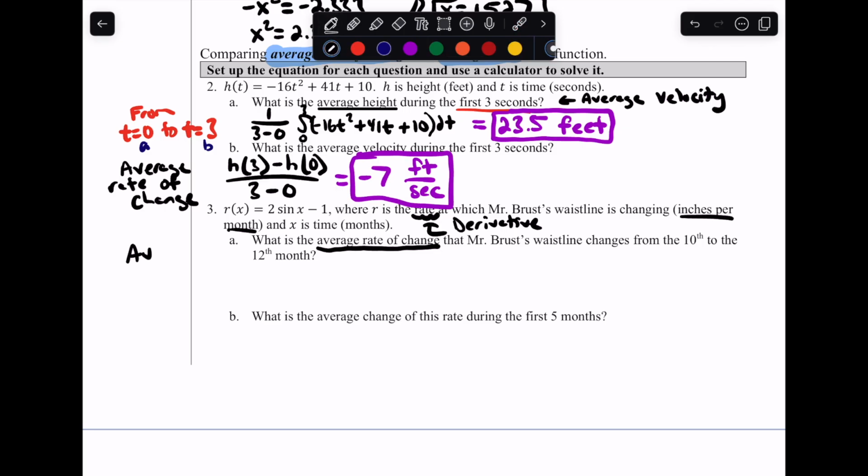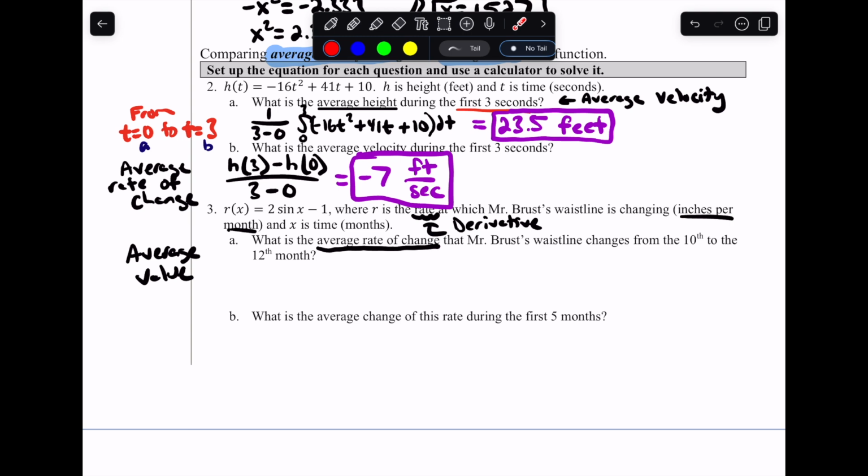So I'm going to highlight the average value equation, even though they use the phrasing of average rate of change, because we already have a rate. I don't want to take a derivative again or think of the slope of this function, because then I would have the rate of the rate. We want simply the average value for this, which would be the rate of change.